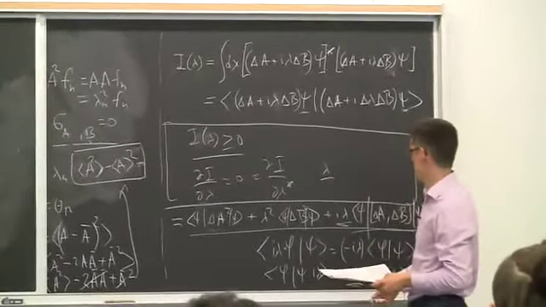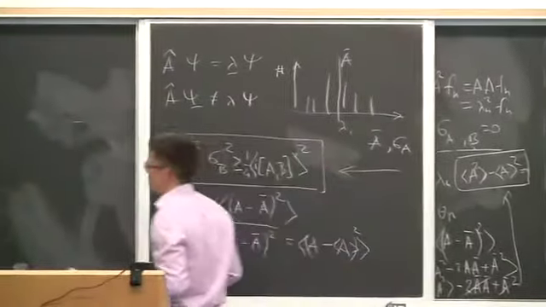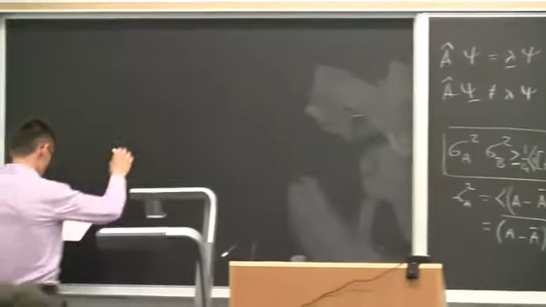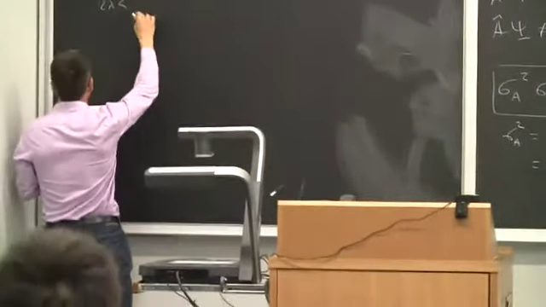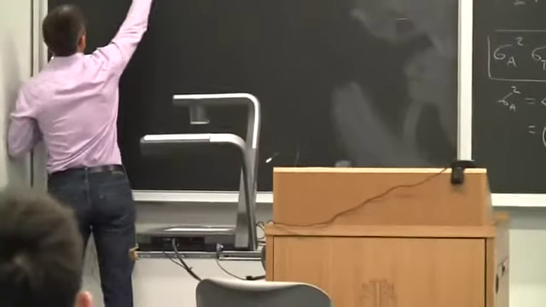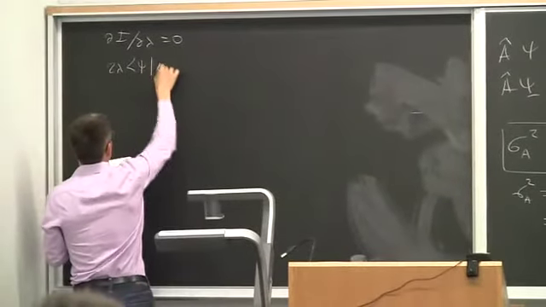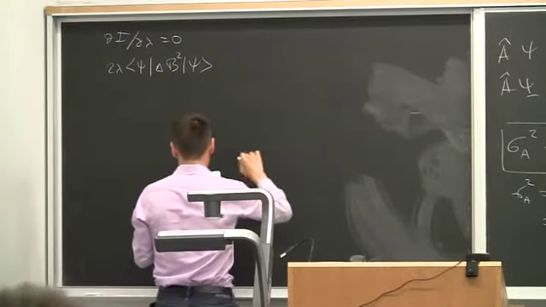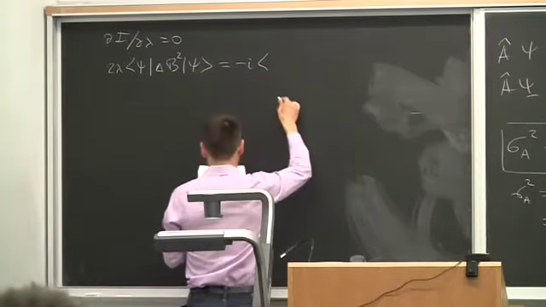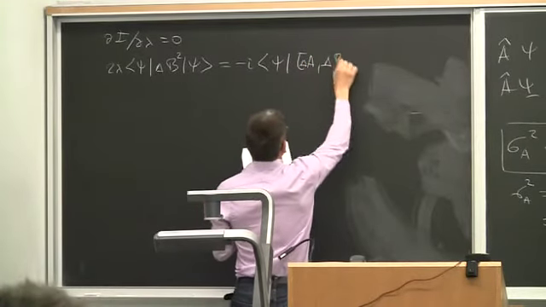And we can get the lambda that minimizes the I. So the equation for dI with respect to d lambda equals 0 is equivalent to 2 lambda psi delta B squared psi, equals minus I psi delta A delta B psi.